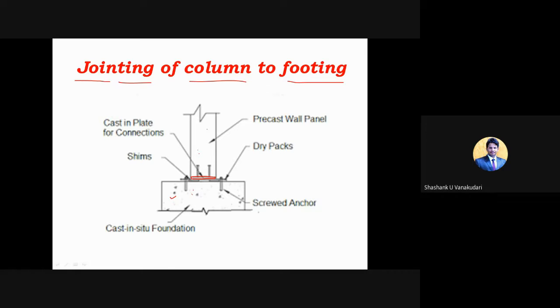And then these shim plates we can see here. Whatever vibrations get developed in the structural members, the shim plates can bear those vibrations, and they provide a certain suspension, because when load is suddenly applied on this column, stresses develop and the cast-in plate connections may get damaged.